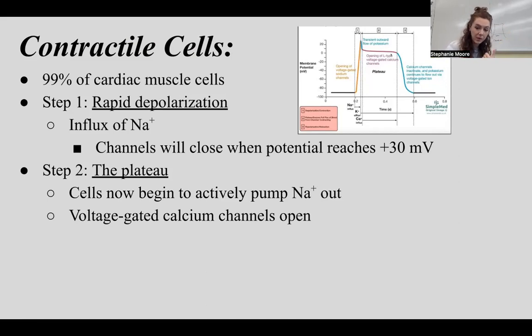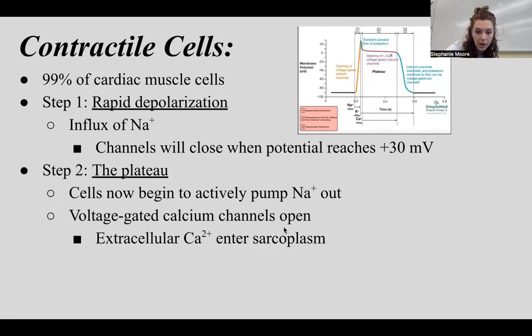We open our voltage gated calcium channels. Voltage gated means it has to reach a certain voltage, and the voltage previously was this positive 30 millivolts. Once it reaches that, we're pumping sodium out and we've opened those voltage gated calcium channels, so we're exchanging sodium for calcium.